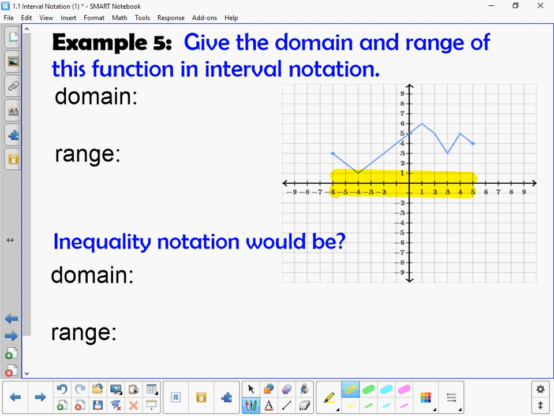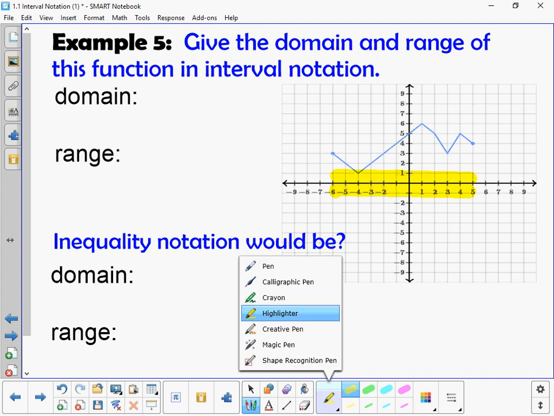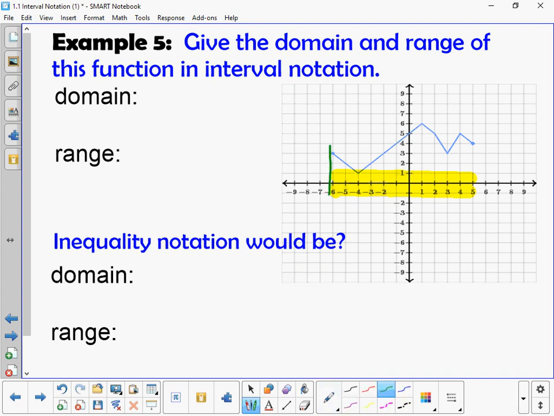Just focus in on those numbers on the x-axis. If we're talking about the domain of the function, well, the very farthest to the left looks like it's -6. And the very, very farthest to the right looks like it is the number 5. So we're talking about the interval from -6 to 5.